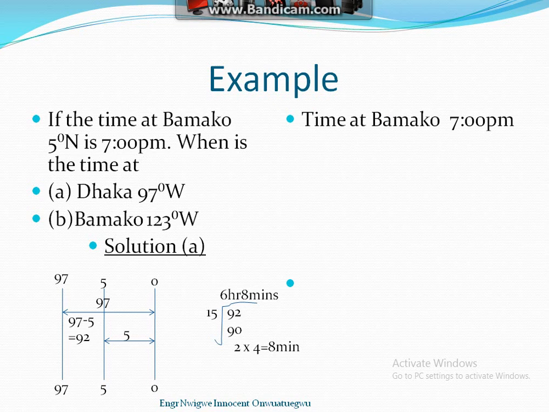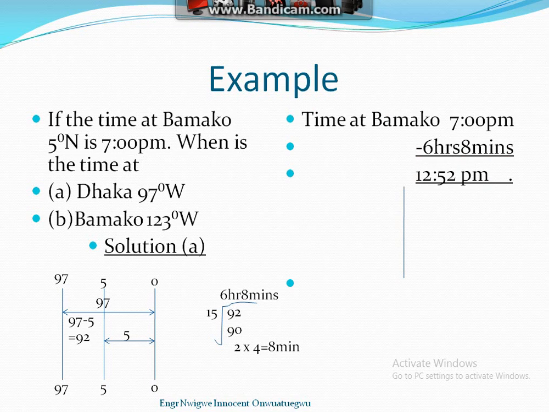Therefore, you subtract 6 hours, 8 minutes from 7 p.m. You first subtract 6 hours, which you have 6, 5, counting anti-clockwise on the clock, 4, 3, 2, 1.